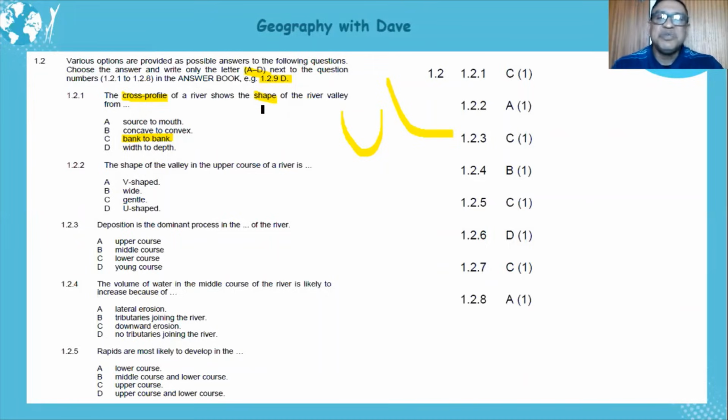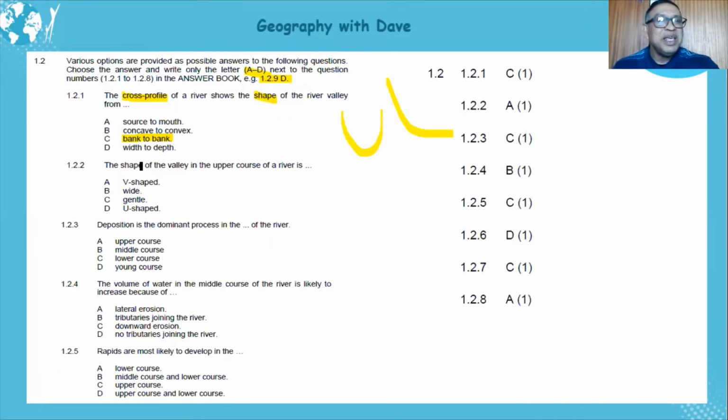If I didn't see this word, I may make a mistake. So you will get distractors in there, like source to mouth, which is a distractor. If you don't know the difference between your longitudinal and cross profiles, you've got a bit of a challenge there. Can you see how it uses that?